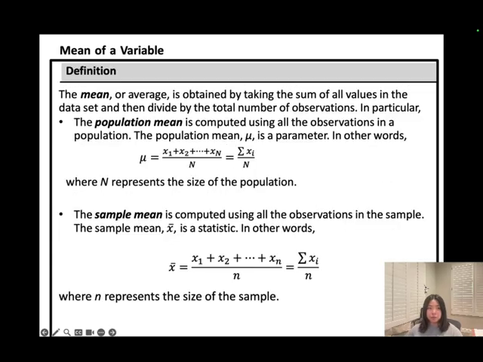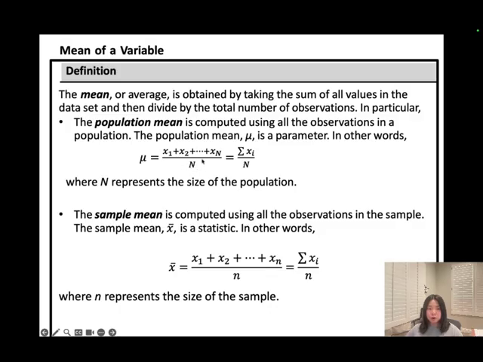Let's look at the formula. The mean, or you can call this the average, is obtained by taking the sum of all values in the data set and then dividing by the total number of observations. For the population mean, we're going to use mu to represent it. That will be equal to the sum of all the values together divided by the number of data.